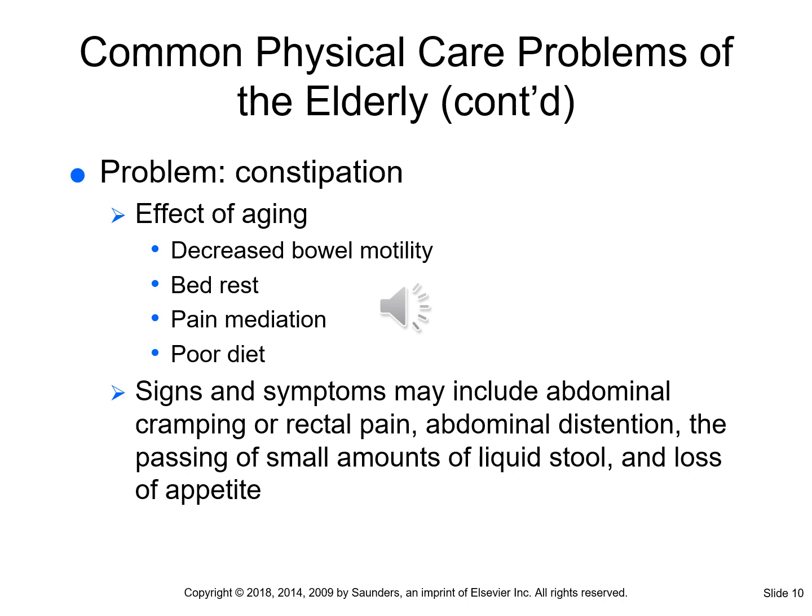But our elderly, they tend to lose fluid. Bowel motility tends to decrease as well. If they're on bed rest, that puts them at risk. Pain medication, you remember pain medication increases your risk for constipation. A poor diet, so if you have low fiber diet, if you're not taking in enough fluids. And on top of that, we said our elderly patients have a decrease in their overall fluid. Those things put them at risk for constipation.